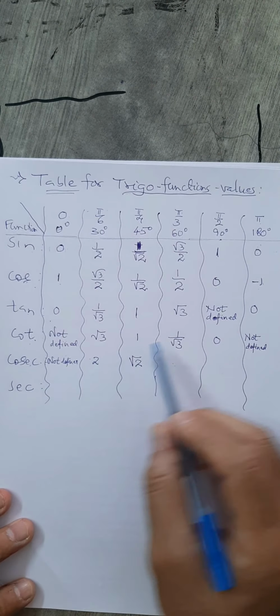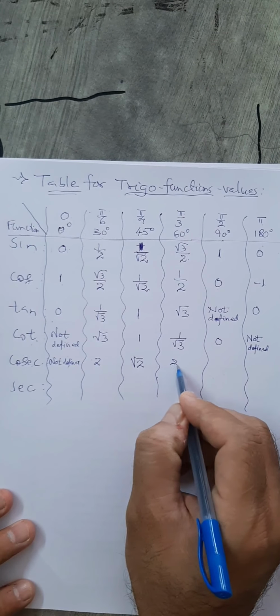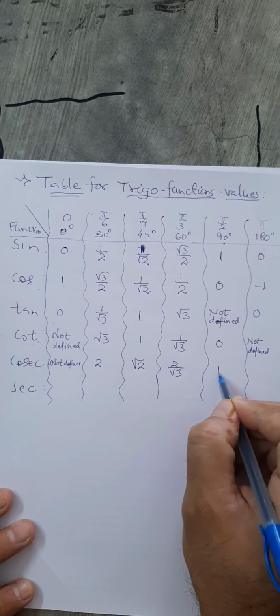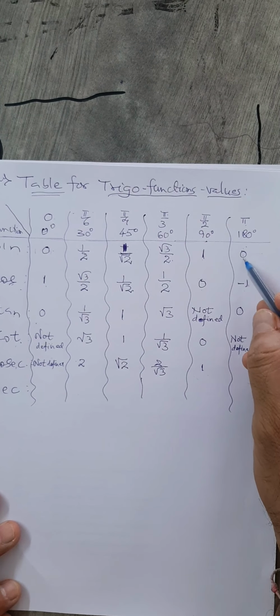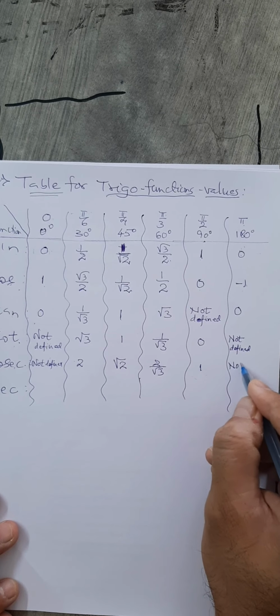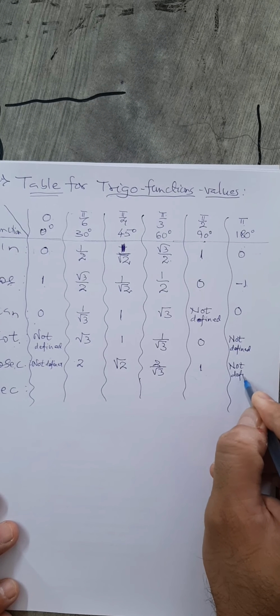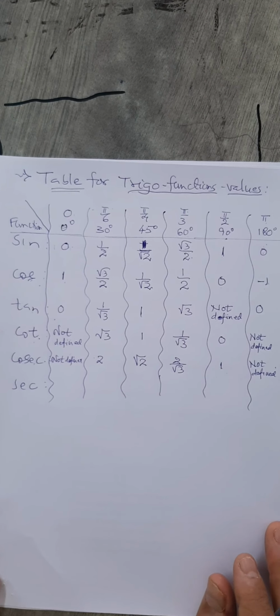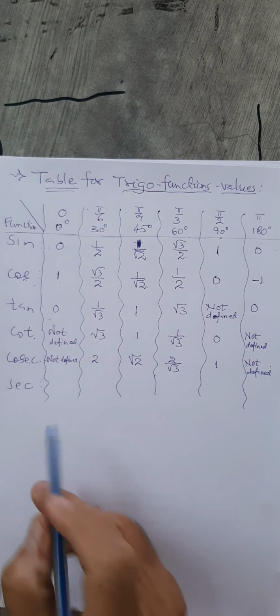What about this? That's a reciprocal of this, which is 2 by root 3. Reciprocal of this, which is 1, and reciprocal of 0 here, not defined, remember, not defined.